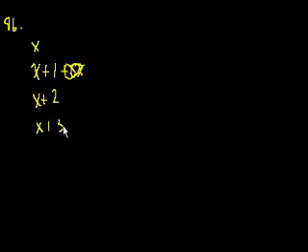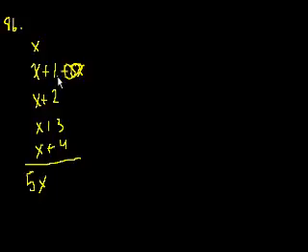Then x plus 1, x plus 2, x plus 3, x plus 4. Right? This is going to be the first 5 consecutive integers if we start at x. When you take the sum of those, it's 5x. And 1 plus 2 is 3, 3 plus 3 is 6, 6 plus 4 is 10. 5x plus 10 is equal to, they tell us, 560.